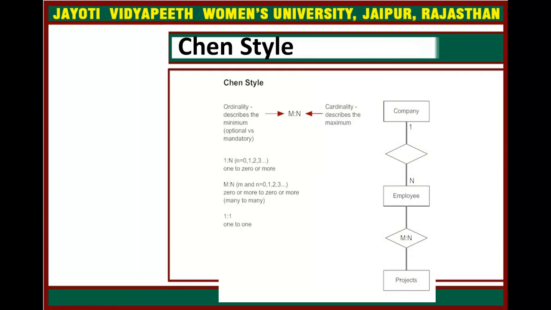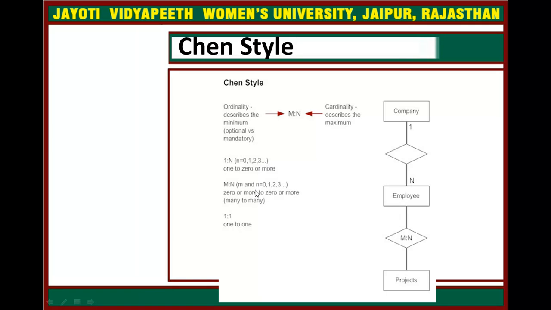In this you can see ordinality describes the minimum, that is optional versus mandatory. Okay, so cardinality describes the maximum. So 1 to 1 colon n, where n is the number of times, that means 1, 2 or 3 or many more.